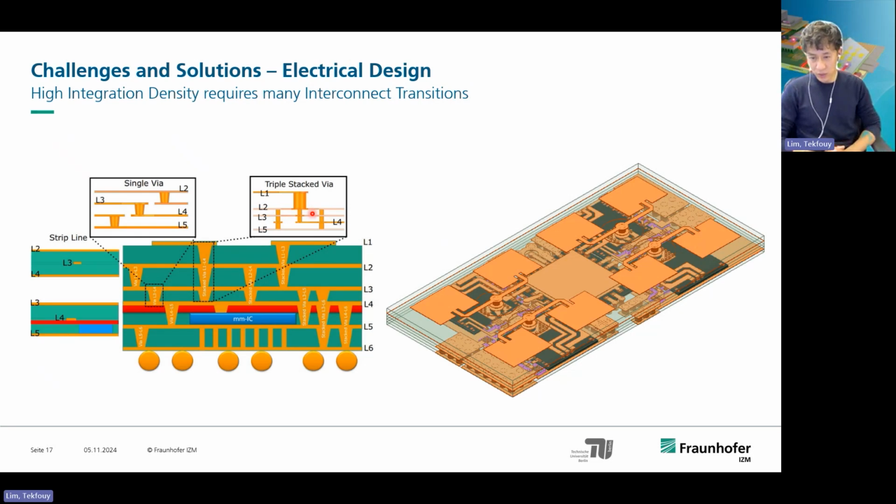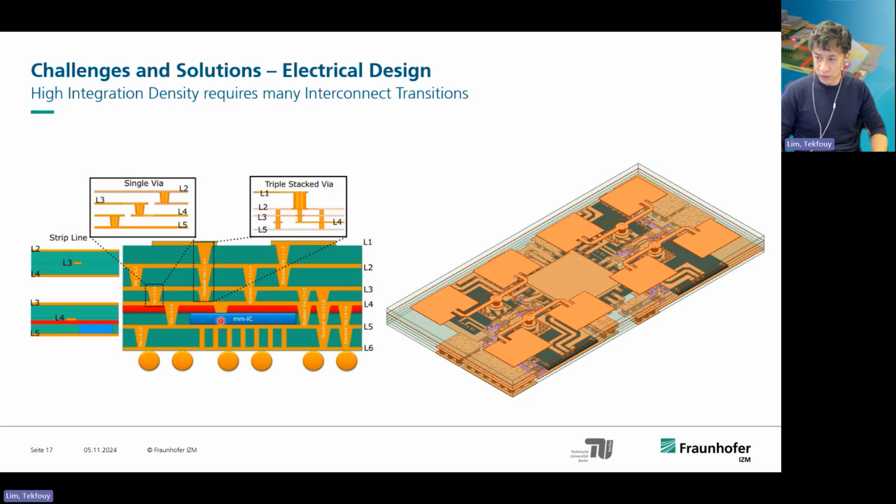So once we use this technology to embed the different ICs, one big challenge is also to simulate and to design the whole antenna in package module to make sure that all the different interconnects have the proper characteristics for transmitting the different RF signals.